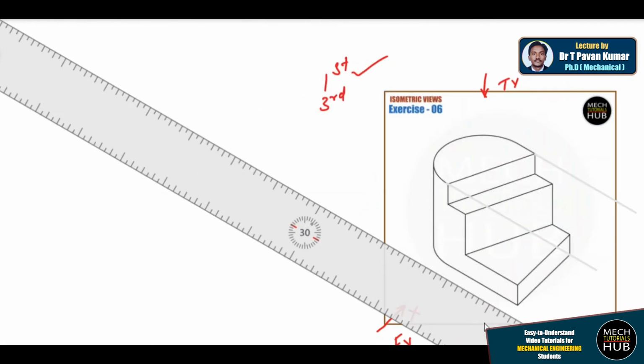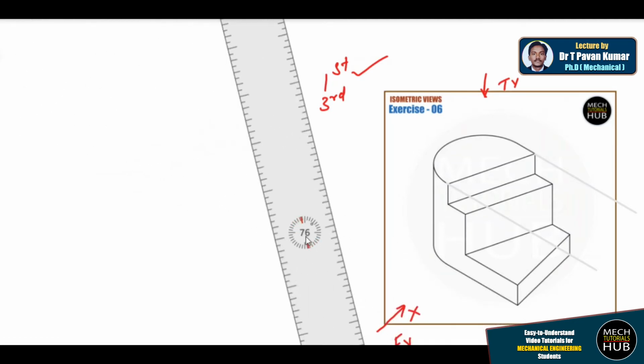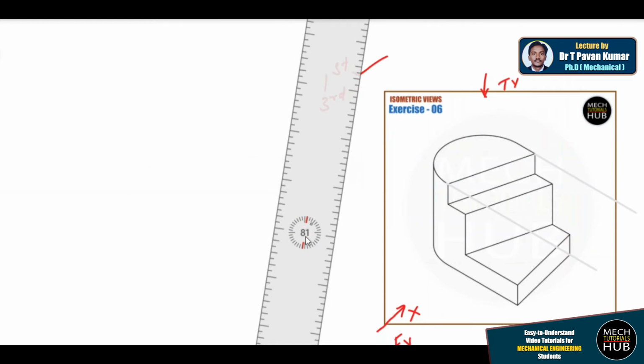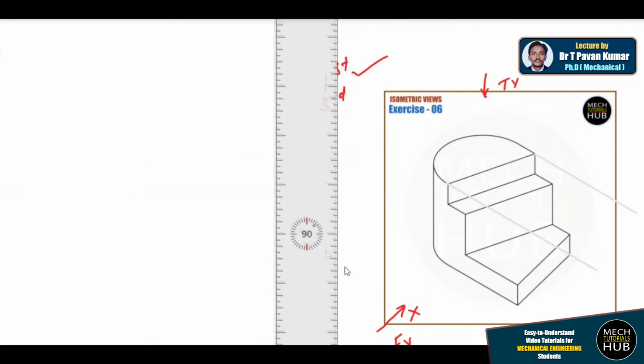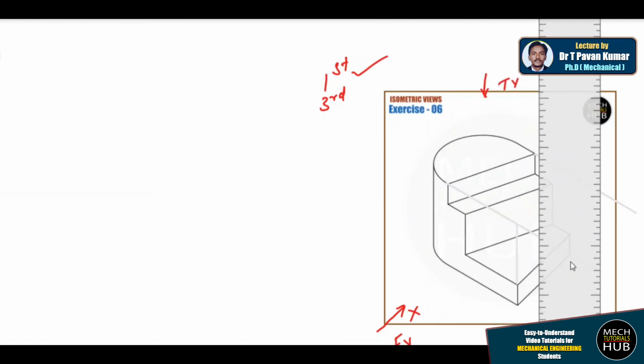Firstly I'll draw the top view. These two lines are perfect, followed by rotating the scale to 90 degrees, then drawing all the verticals required. Now here there is a vertical in the bottom, this vertical till here, and here is one more.